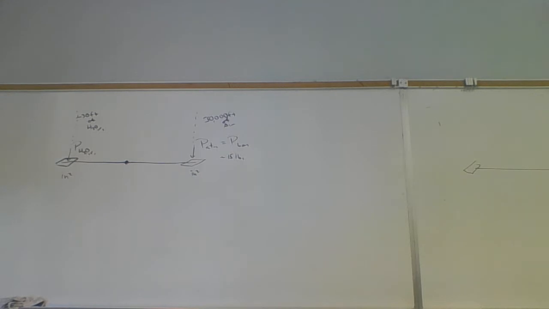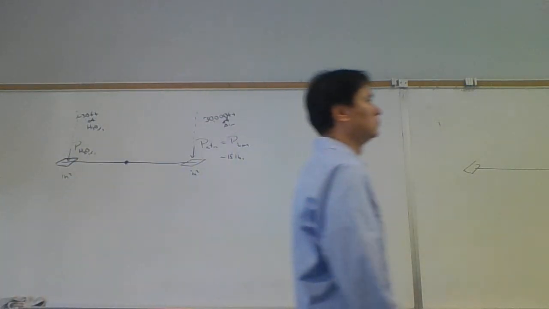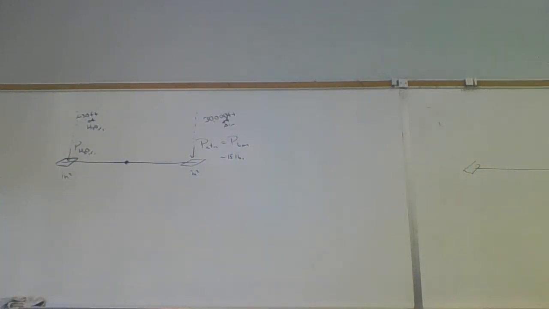Let's look at some numbers here. This goes back to chapter 3. So mercury is 13.6, lead is 11.4. Is mercury more dense than lead or less dense?